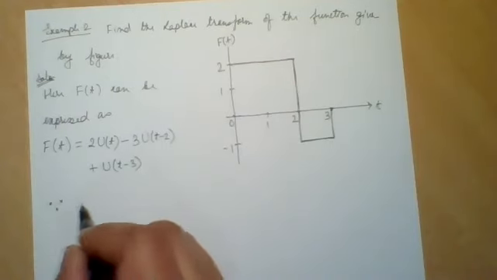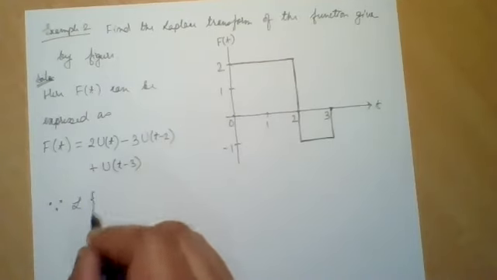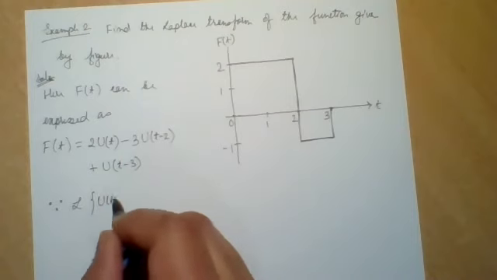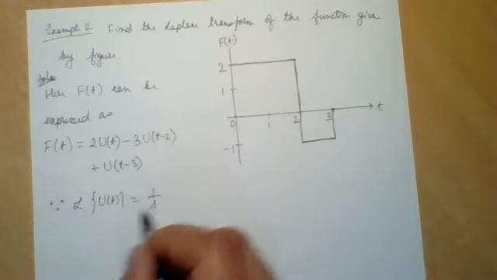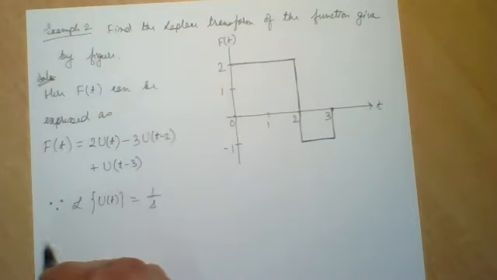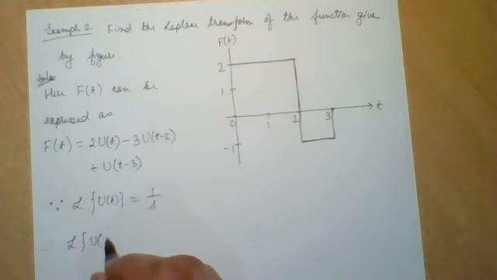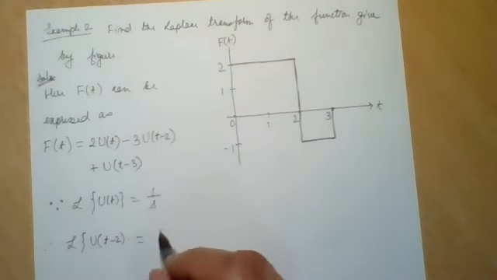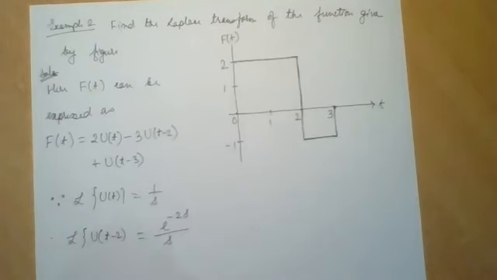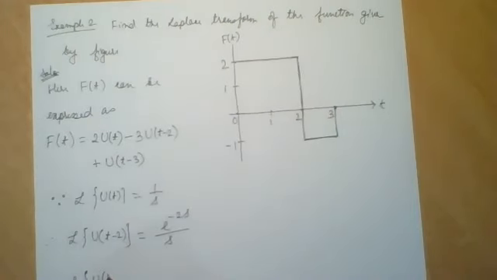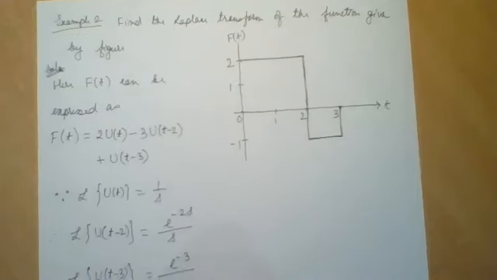So this figure is given by this expression. Since we know that the Laplace transform of u of t is 1 by s, the Laplace transform of u of t minus 2 will be e to the power minus twice s by s. Similarly, the Laplace transform of u of t minus 3 would be e to the power minus 3s by s.